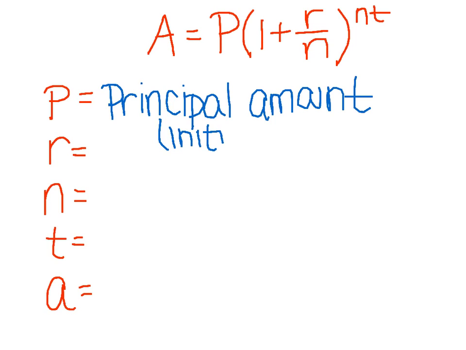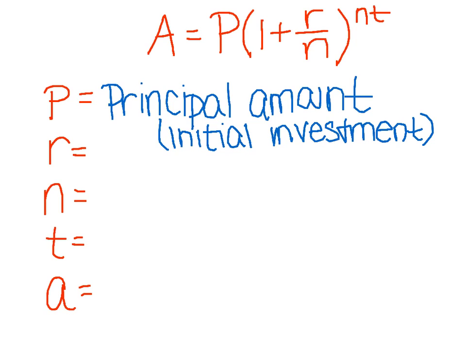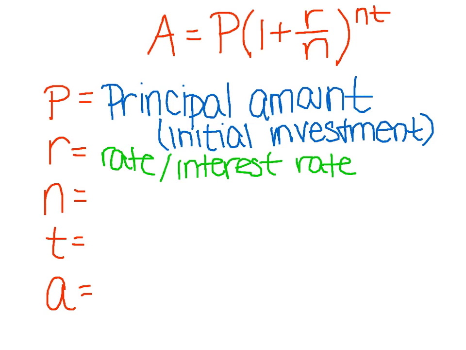It's our starting amount. Next we have R. We studied R today as well. That is our rate, our interest rate. I should write interest rate. And what is it always written as? It's always written as a decimal.